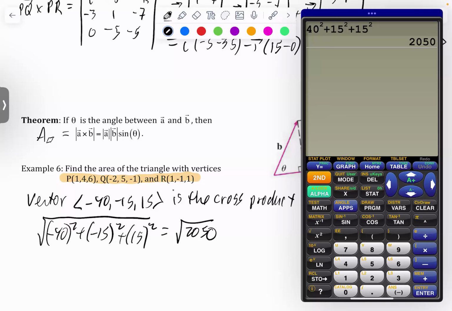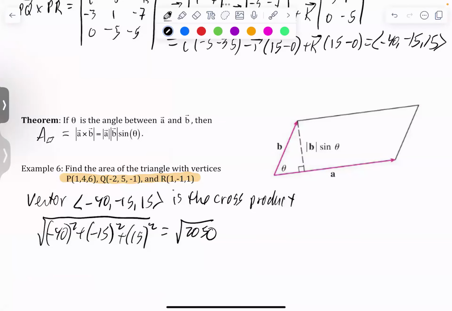All right, now that is the area. And I'm going to draw my own parallelogram here. Let's use another color. So I'm going to call this P, this will be Q, this will be R. And what we just found is the area of the entire thing.